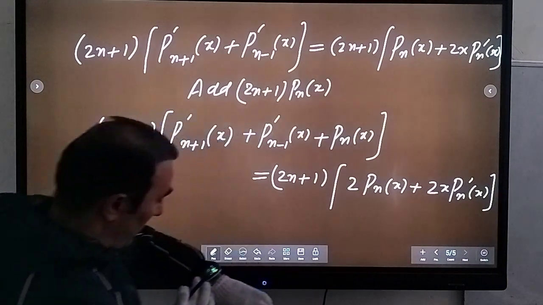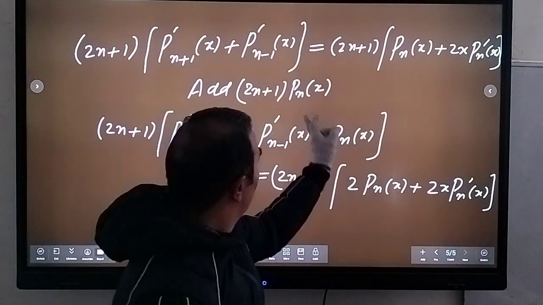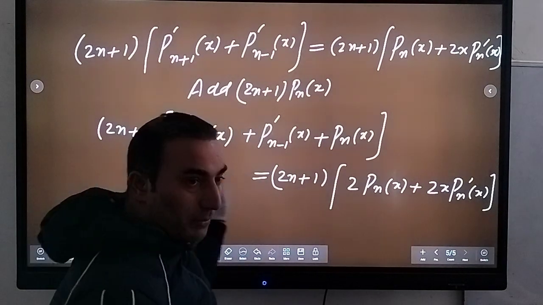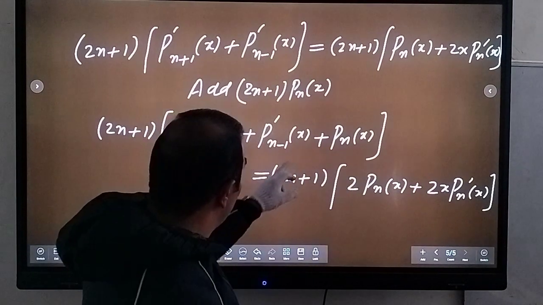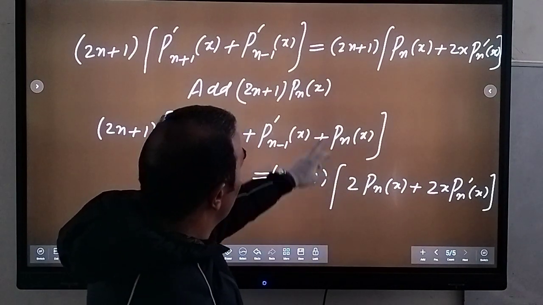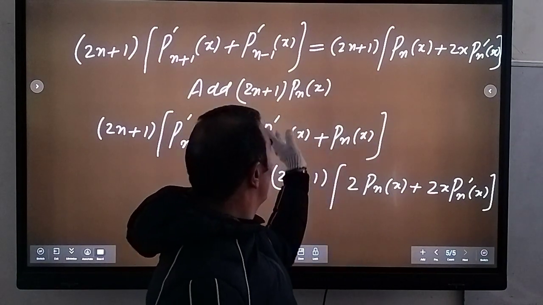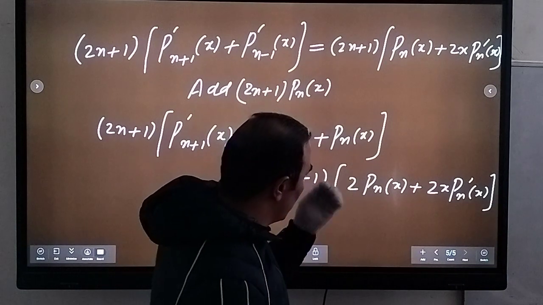Okay, so I added that (2n plus 1). When I add (2n plus 1) here, that (2n plus 1) is already common, so here there will be Pn of x, and so it will be twice Pn of x. (2n plus 1) is already here, so you can take this out.